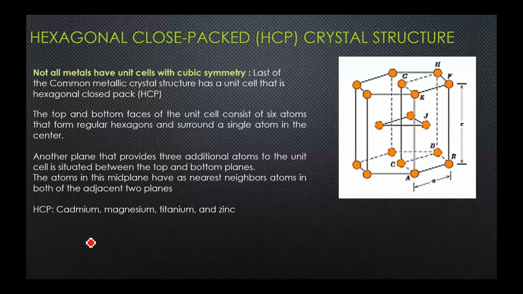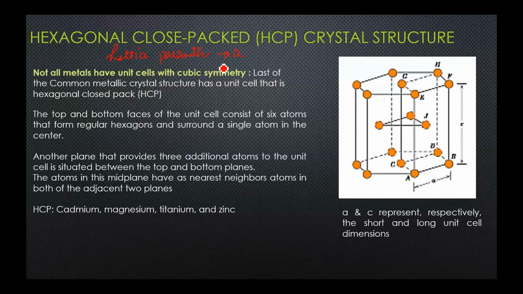But the important thing is, in this case also, if you are familiar with the lattice parameter A, the information is sufficient for you to draw the hexagonal crystal structure. Why? Because the ratio of C to A, the longitudinal direction to the basal direction, the height of the hexagon to the edge length, is defined as 1.633.